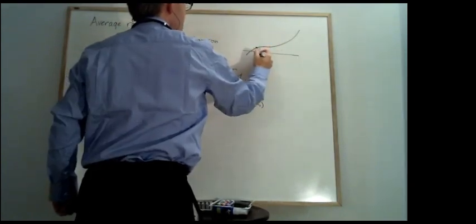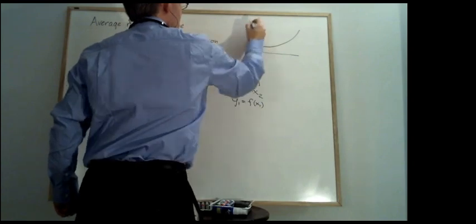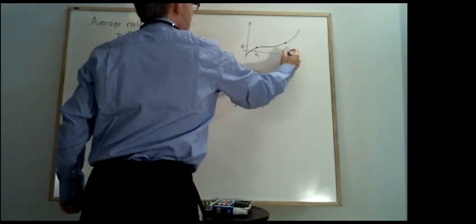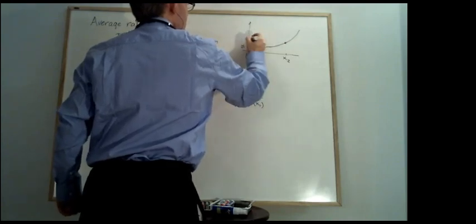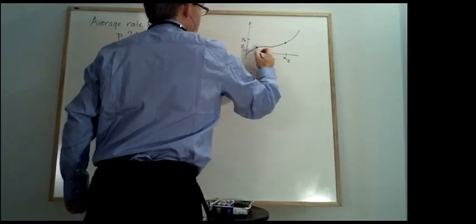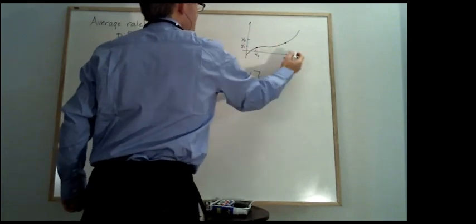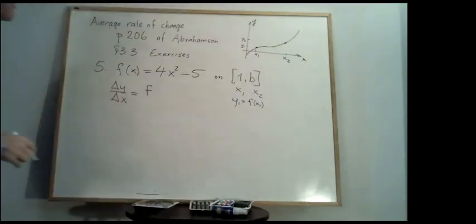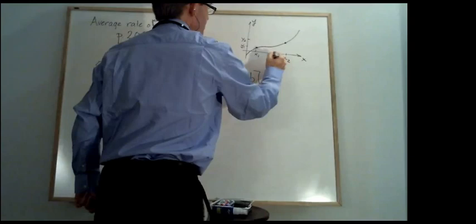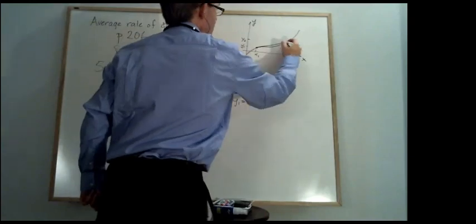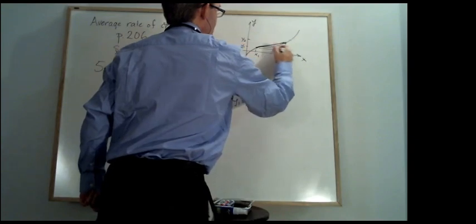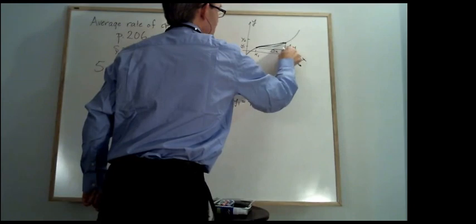You have a point x1 here, and you look at the y coordinate y1, and at x2, you look at y2. So you just look up the value by going up or down to the graph, wherever the graph is. It could be below the x-axis as well. And then you think of the line between the 2 points, and you calculate the slope, delta y over delta x. So that's the average rate of change.